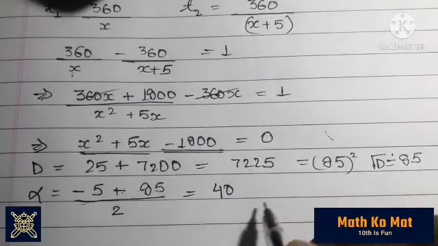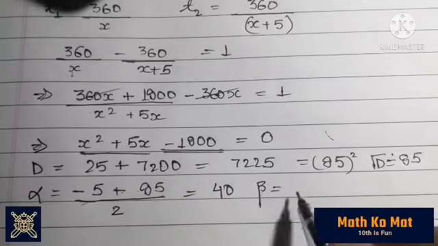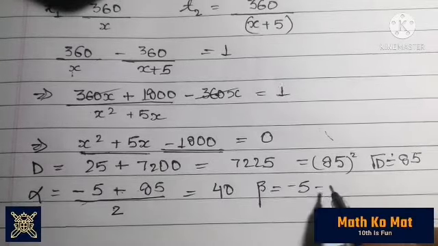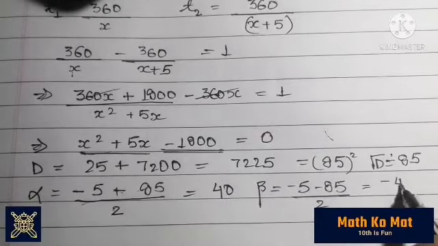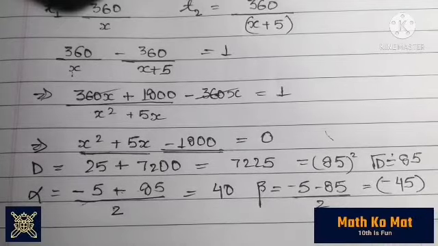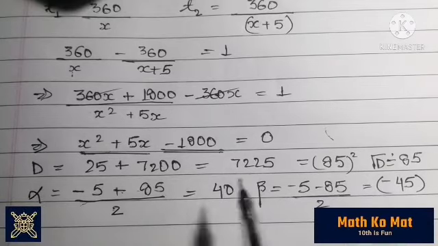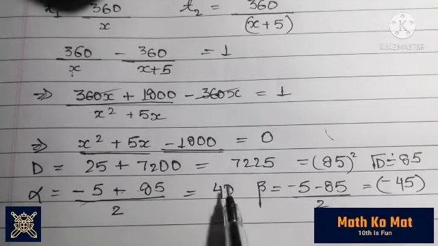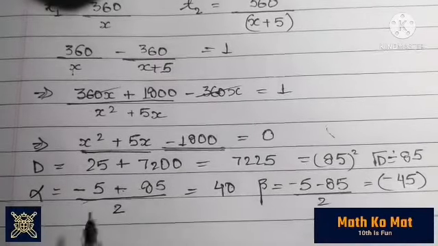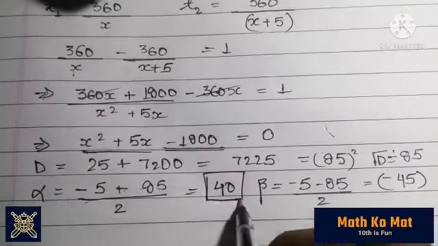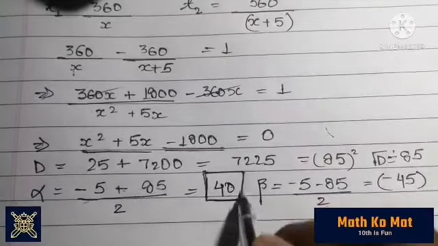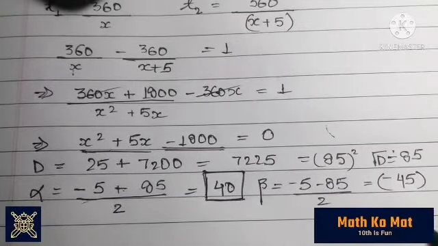Similarly, beta would be minus 5 minus 85 by 2, which gives you minus 45. Since we are finding the speed, speed can never be negative. So the only value that we have to use is 40. Therefore, the speed of the given train is 40 kilometers per hour. We have to neglect the other value since it is negative.